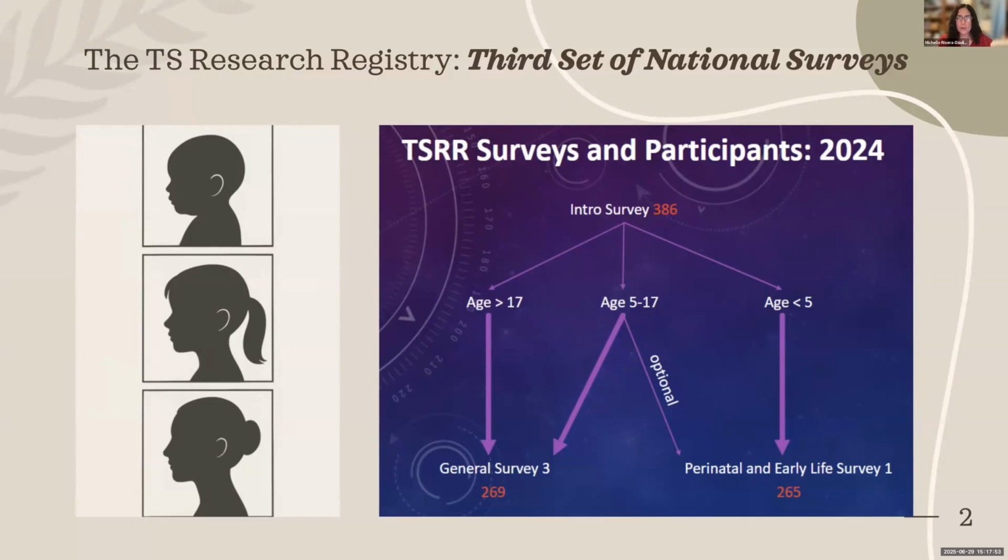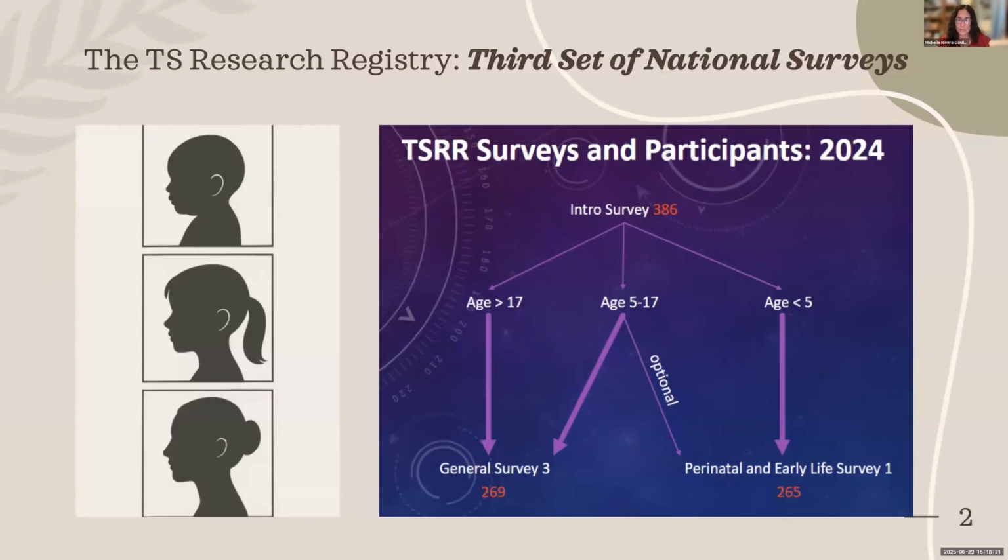And it was composed of several different parts. So the first survey that we distributed was the introductory survey, and that was intended to gather demographic information such as age, economic status, karyotype. And based on the responses to that introductory survey, the participant was offered the opportunity to participate in several other surveys.